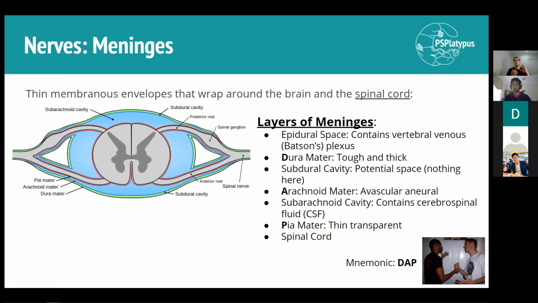So first of all, we'll start from the very outside and work our way in. From the outside, you have the epidural space, which we will talk about later as well, but that actually contains your vertebral venous plexus, right? And below that is the dura mater, which is the tough and thick layer that surrounds everything.